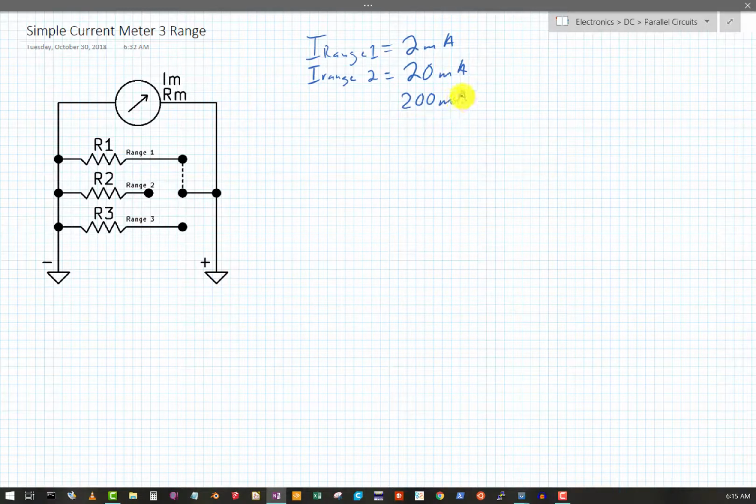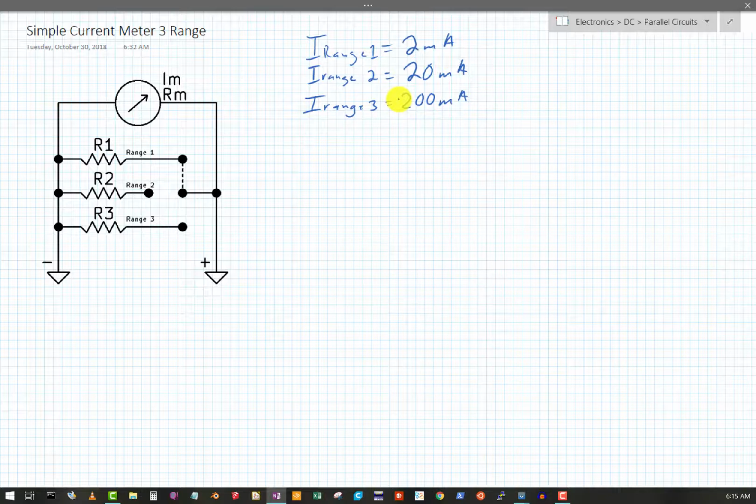I could do the 20 amp range as well, but for today, I'm just going to stick with my 3 ranges as displayed in my schematic. Alright, so there's the 3 ranges that I'm going to choose.